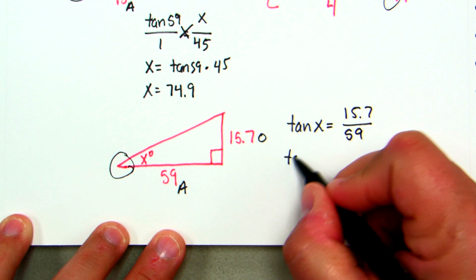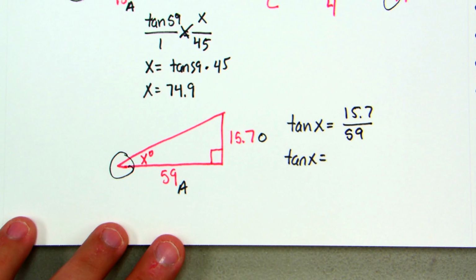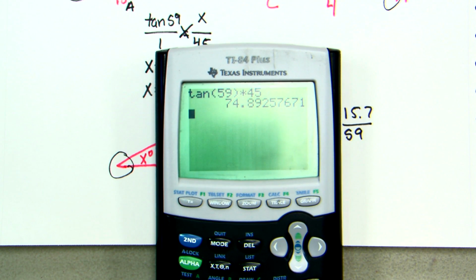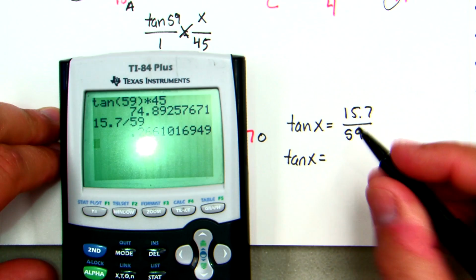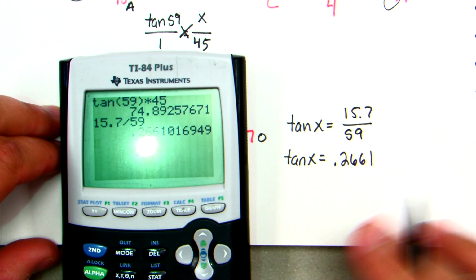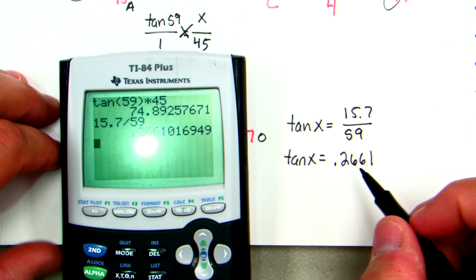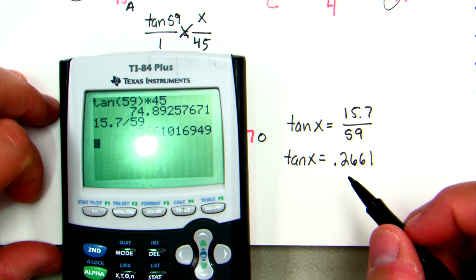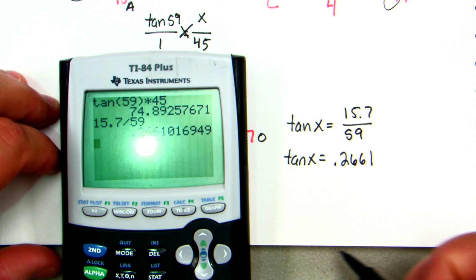Now this is really easy to do. You just simply get your calculator out. Say 15.7 divided by 59, and it gives me 0.2661. It's always good when using trigonometric ratios to take it out to the 10,000th spot or 4 places past the decimal.